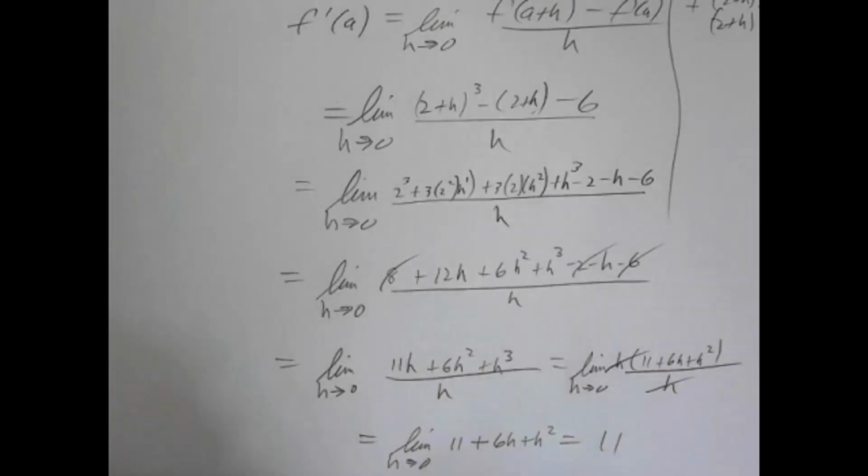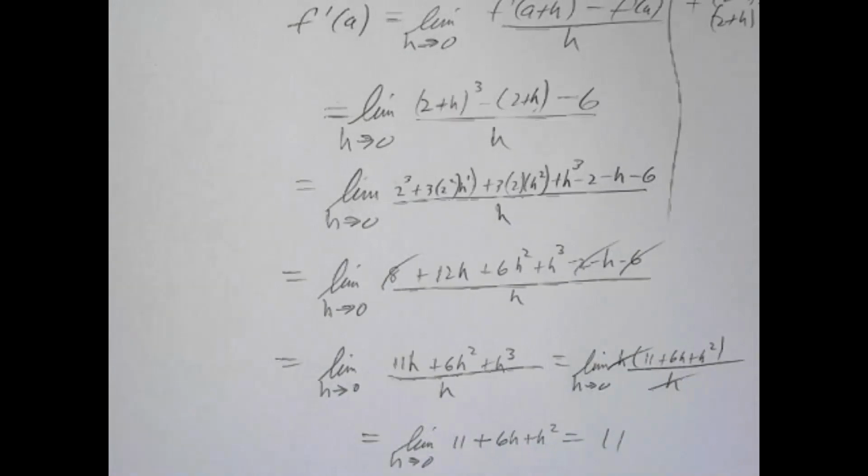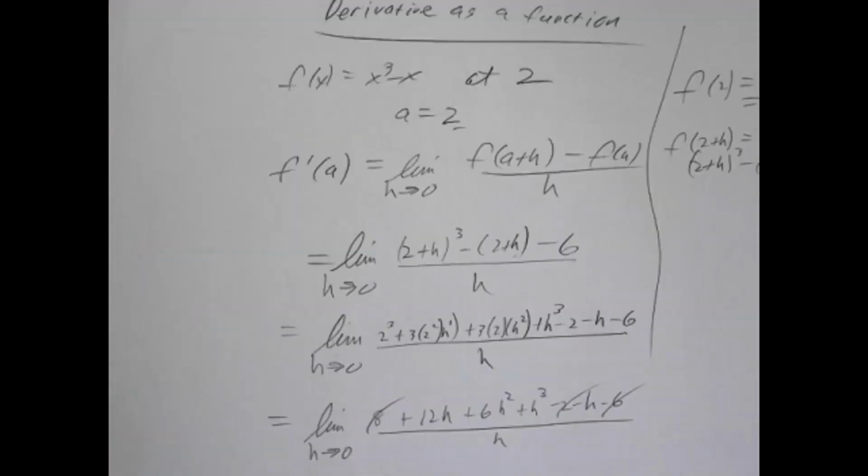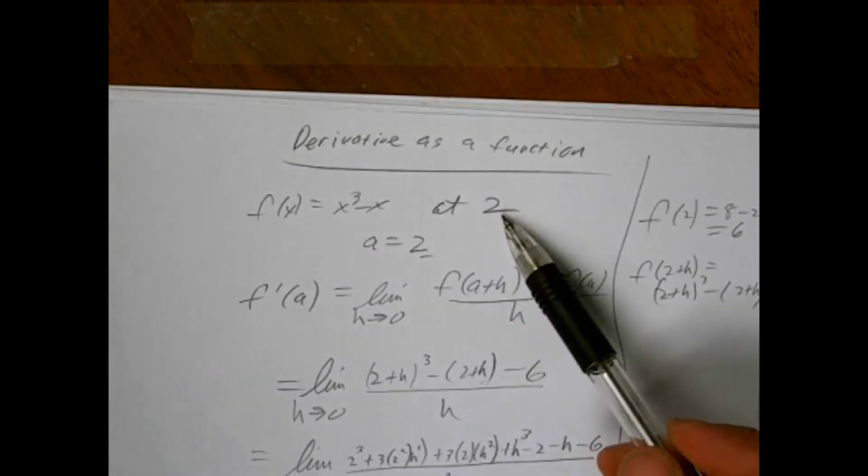And when you plug in the 0 for h, you get 11. All of that just to find that numerical value, and it's just 11. So what that would mean is that this function has a slope of 11 at 2.